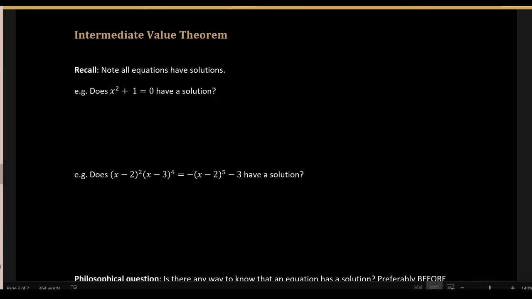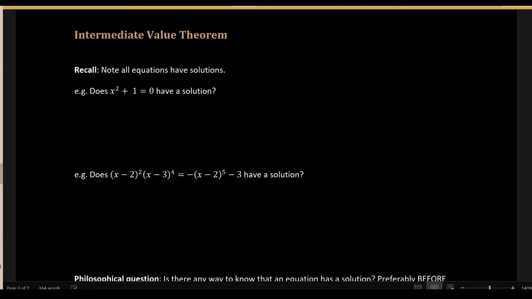Now, if you have a function which is continuous on a closed interval, you unlock the ability to use a very special theorem called the intermediate value theorem. And to set the stage and explain why this theorem might be useful, I want to go back and remind us that we've spent a lot of time in mathematics solving equations.